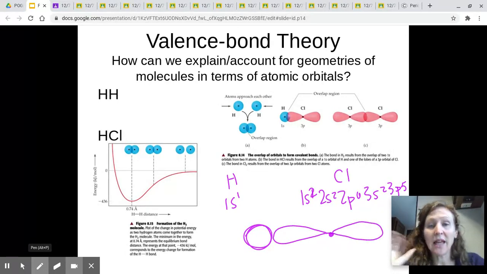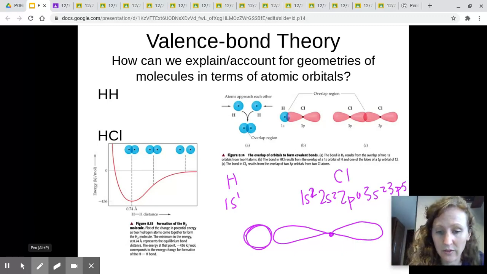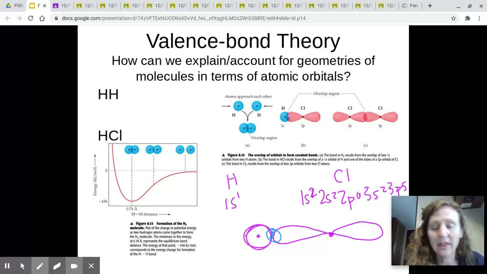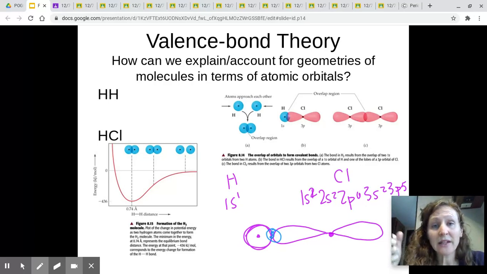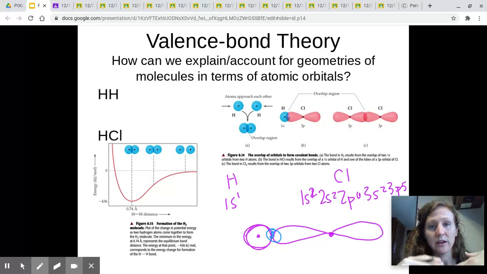So it's going to be a lot bigger than the 1s orbital. It's going to be a different shape than that 1s orbital. But when those two overlap, I didn't draw that overlap perfectly, but when those two overlap, that's going to be where the bond is formed. Now, this is the atomic orbital theory of bonding, that atomic orbitals have to overlap. Where that overlap occurs is where the shared electrons are going to exist, and that's what causes a bond.